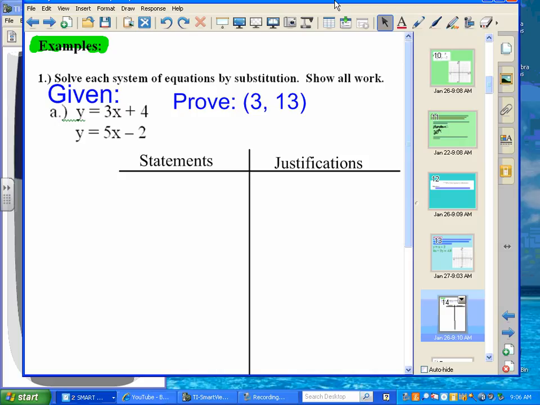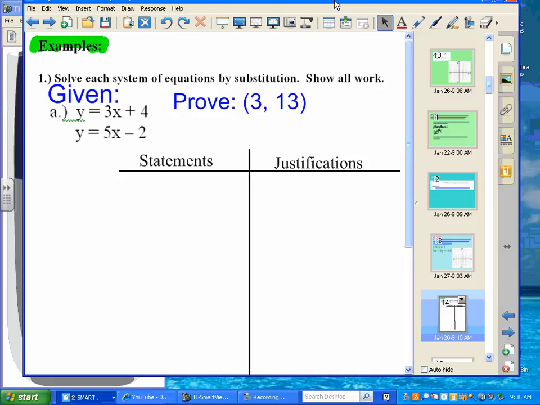So while you guys are getting organized, substitution is a second way to solve a system of equations. I want you to think back to graphing for a minute. When would you use graphing as a way to solve systems? When the equations are in what form? Y equals.